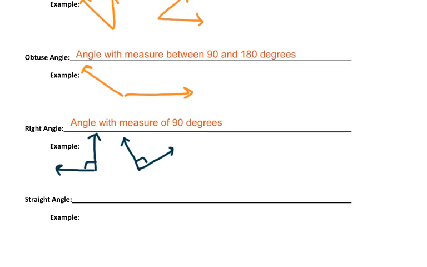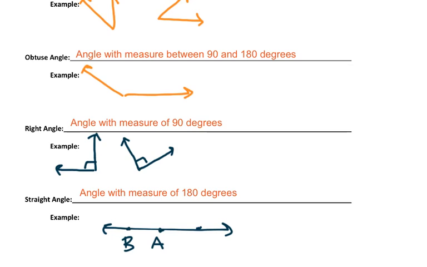A straight angle is an angle with a measure of 180 degrees. And that just looks like a straight line. So if I have this, angle BAC is 180 degrees.